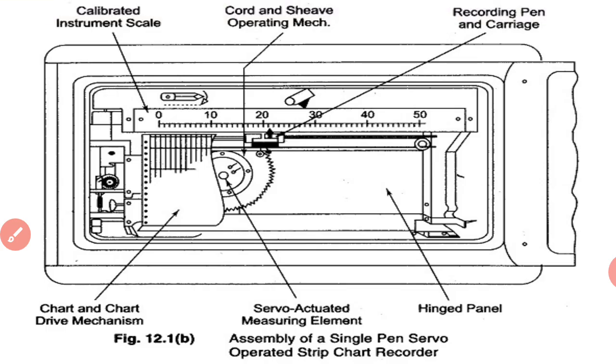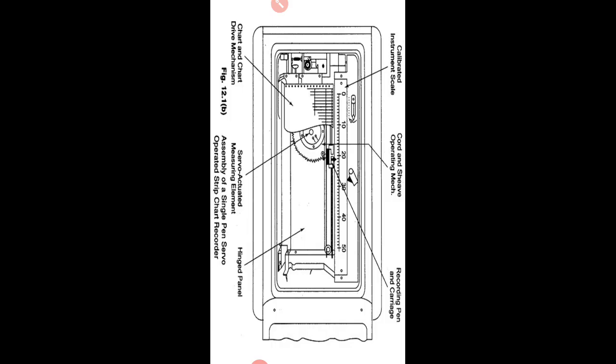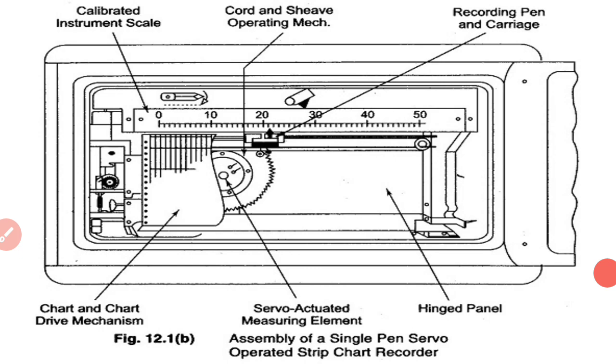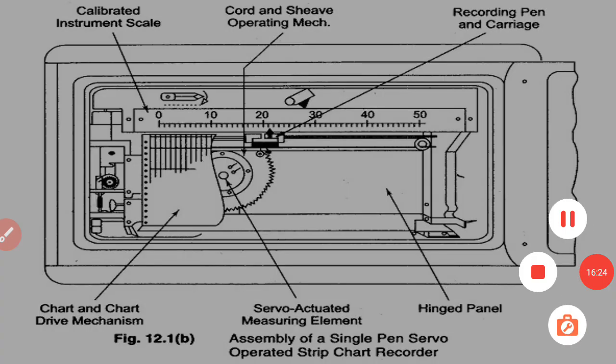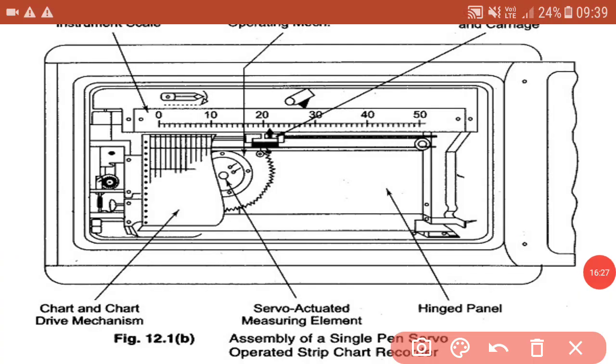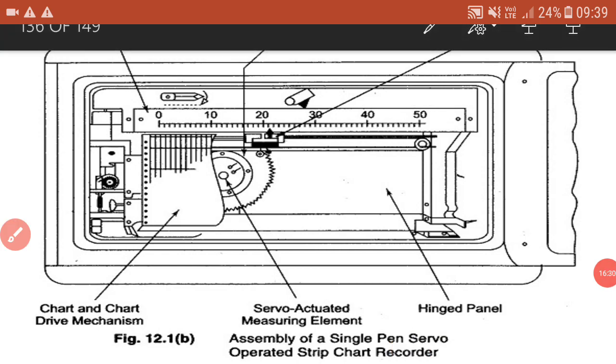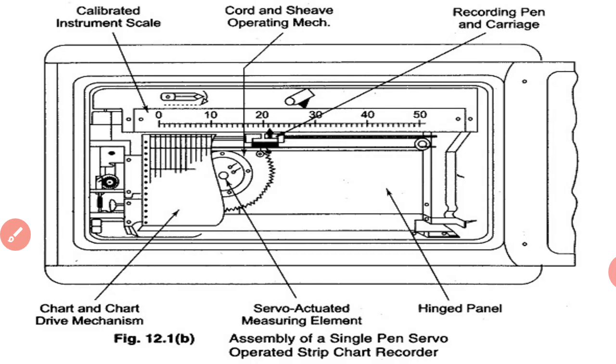So this is the assembly of a single pen servo operated strip chart recorder. Here we can see the calibrated instrument scale, and the operating mechanism.